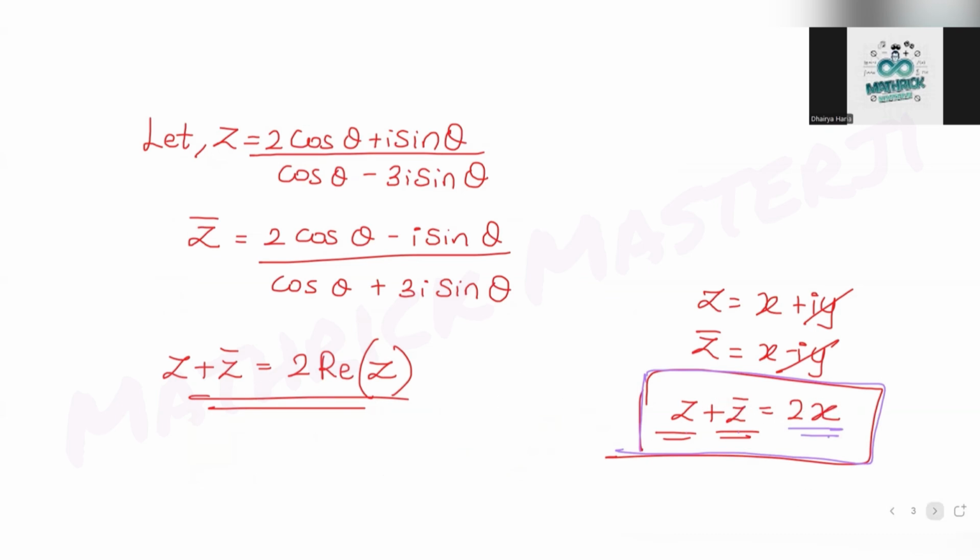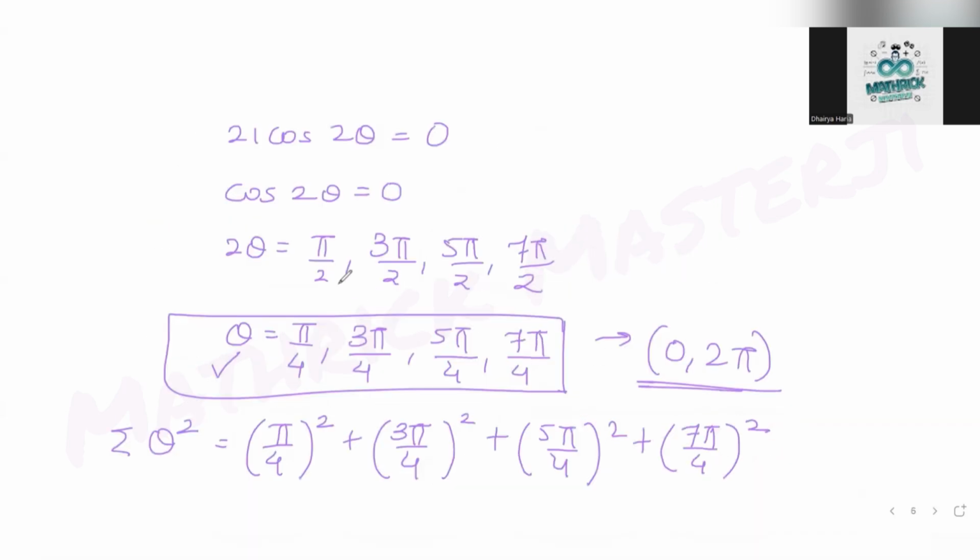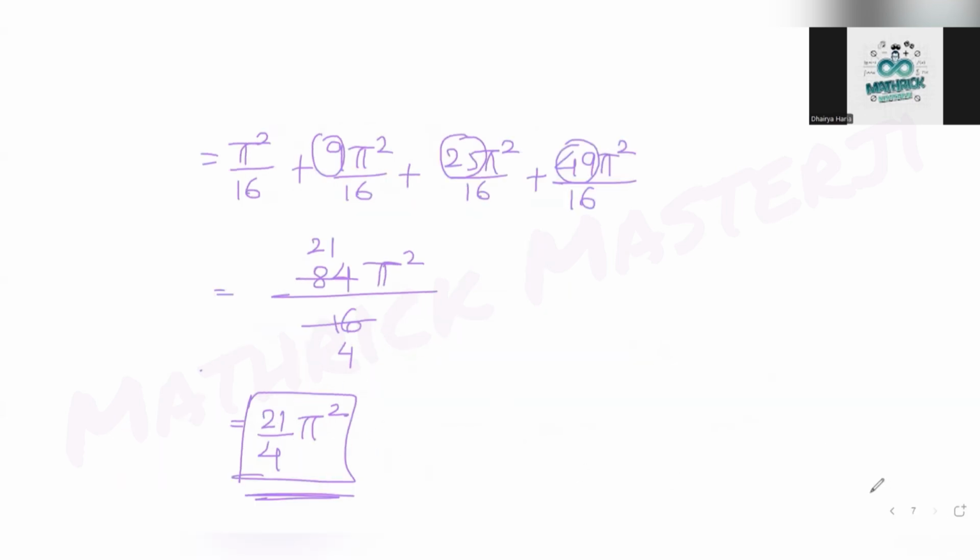So if I solve, I get the expression for theta that gives me 4 angles of theta from 0 to 2 pi which satisfy this condition. And if I find the summation of theta squared, I square all of them and add them. That leaves me with the answer 21 over 4 pi squared, which matches answer choice A. So A becomes the correct answer for this question.